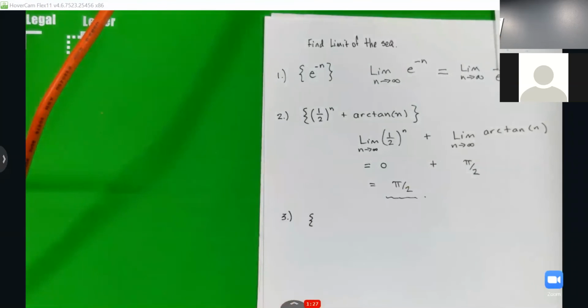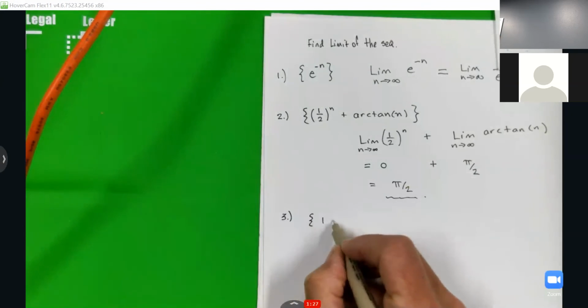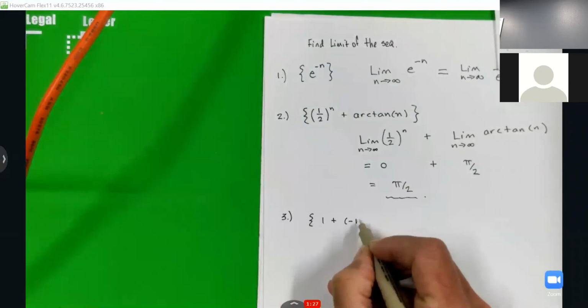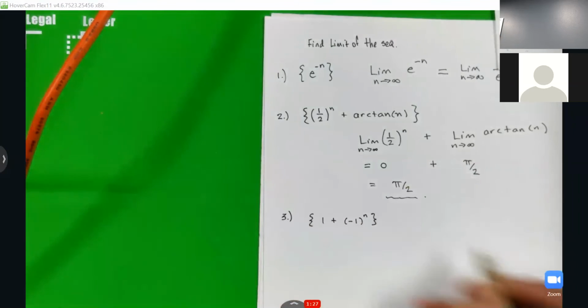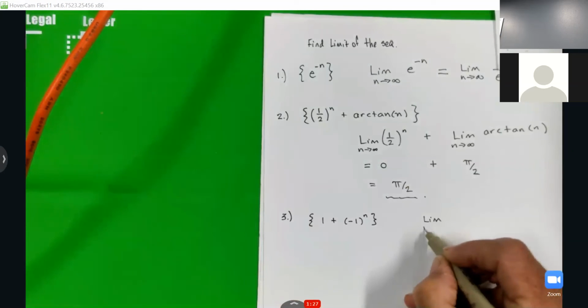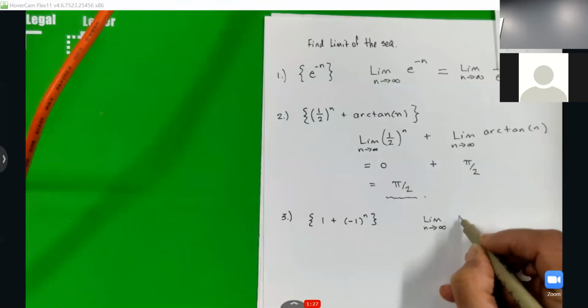Let's take the sequence that looks like 1 plus negative 1 to the n. And look at the limit as n goes to infinity.